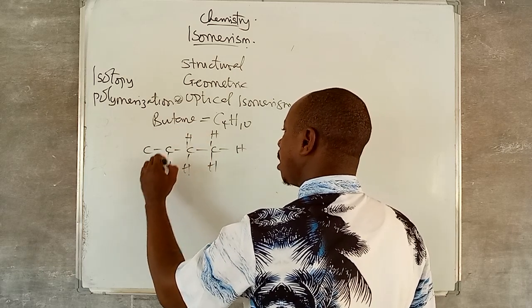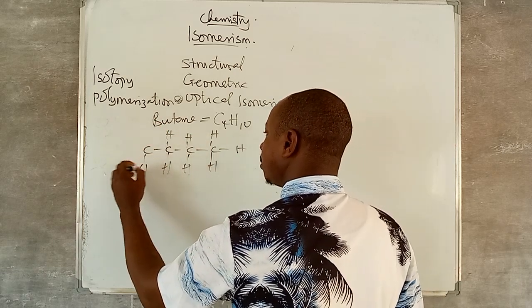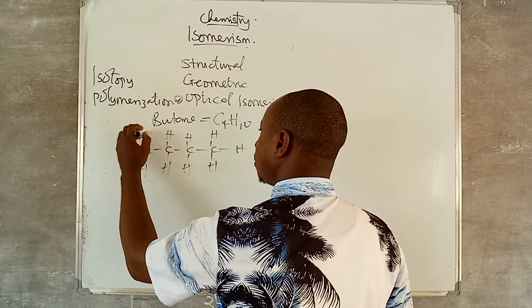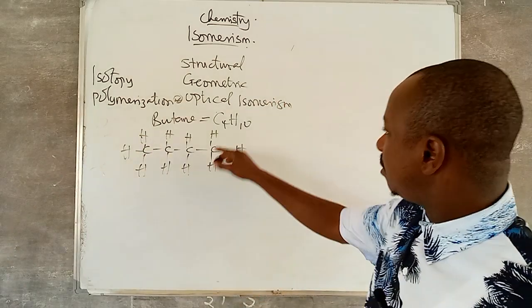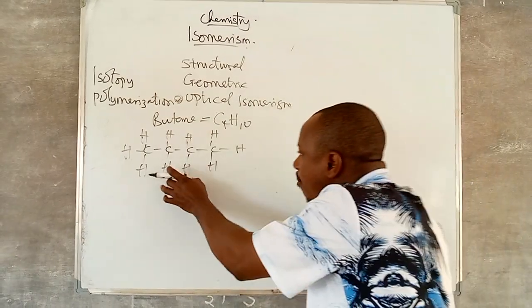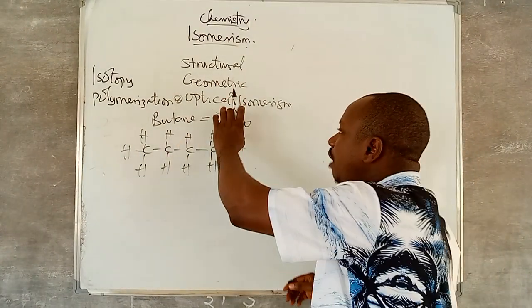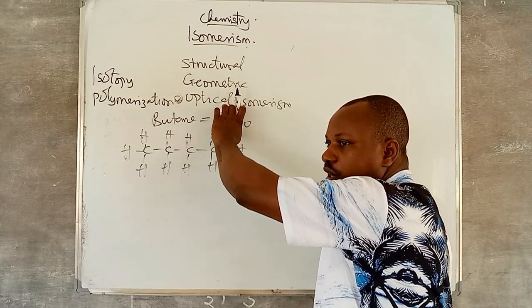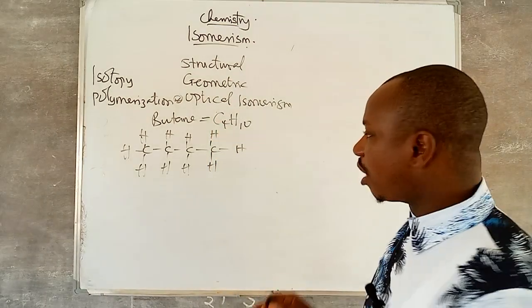This is normal butane, C4H10. And we have an isomer of this. Remember, both of them will share the same molecular formula, but their structural formula will be different.